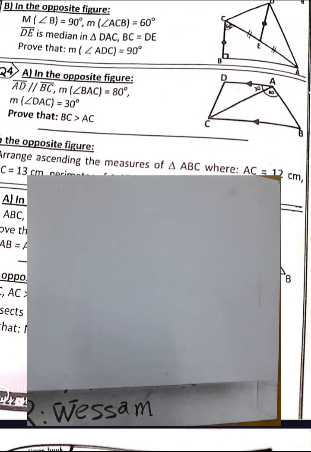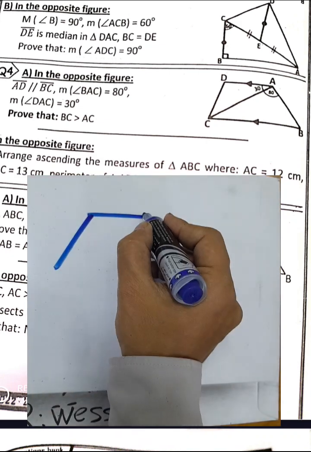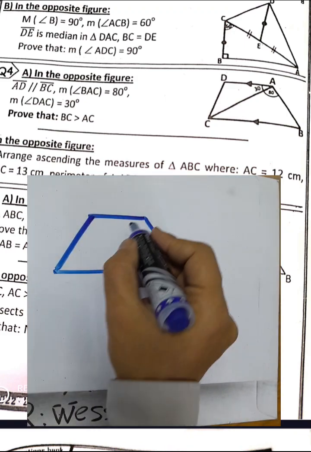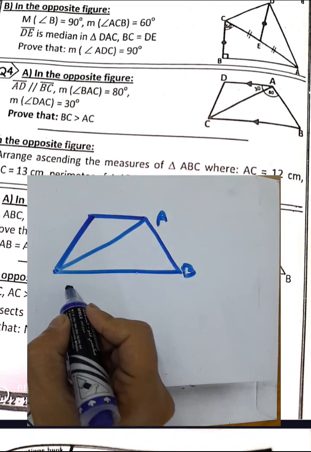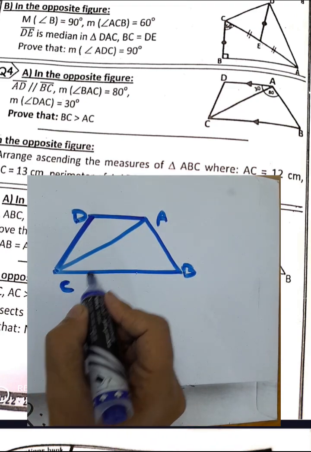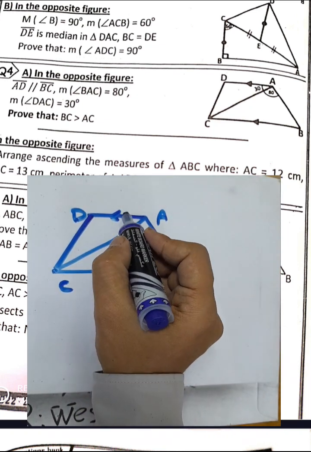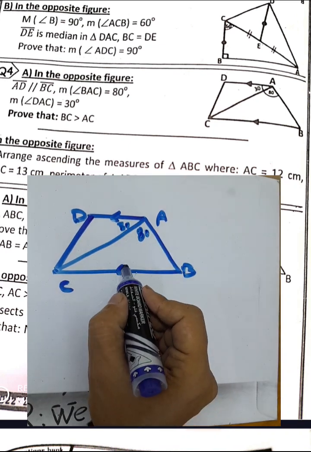In the opposite figure, prove that BC is greater than AC. We have a trapezium A, B, C, and D, parallel to the base, and the angles here 30 and here 80 degrees, they are parallel.